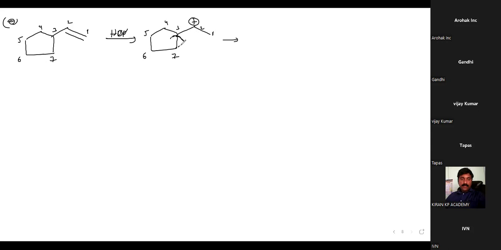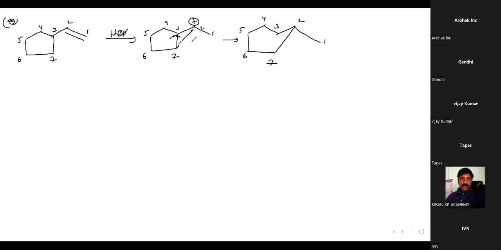Completely shift this bond in this way. So how can we write this one? This one will be in this way: 1, 2, 3, 4, 5, 6, 7. So between the 7th carbon and the third carbon, there is a possibility of ring breaking.